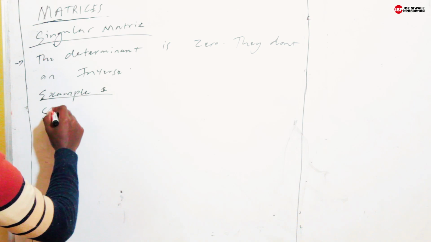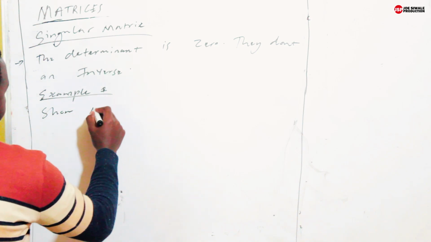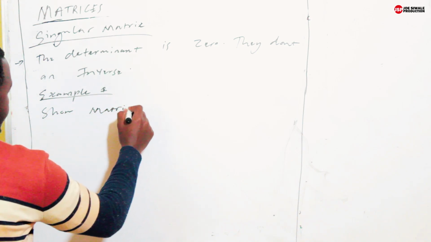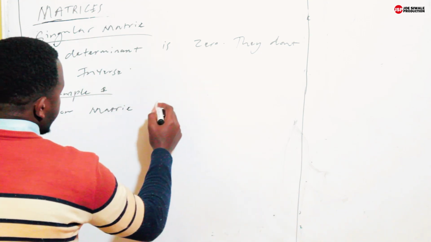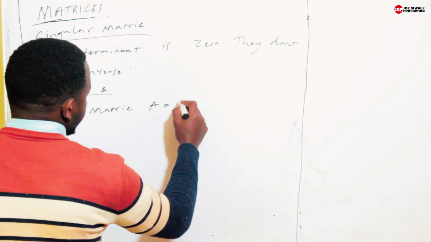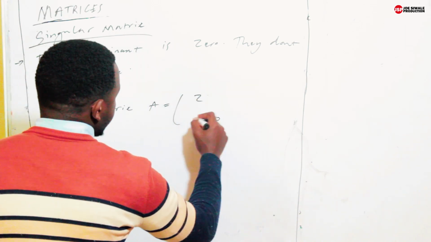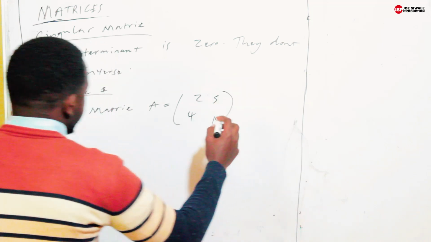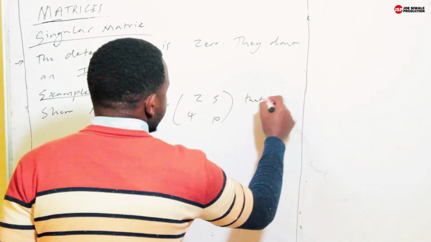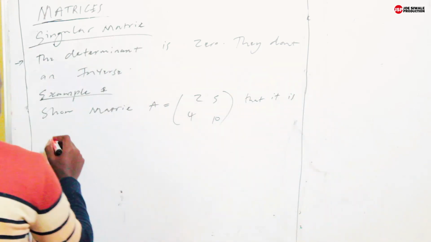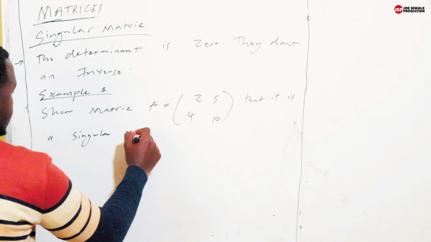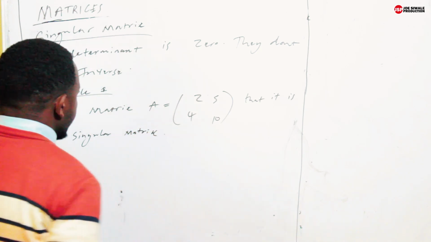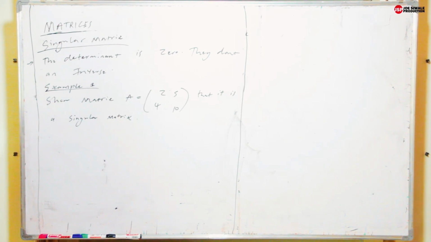Example 1, show matrix A is equal to, we have 2, 10, then 4, 5, that it is a singular matrix. So the first question reads, show that matrix A is a singular matrix.